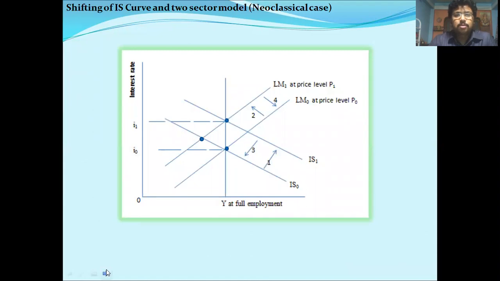Look, here the diagram, the figure represents the shifting of IS curve in the two-sector model. It is a neoclassical understanding. You must remember it is a neoclassical understanding.